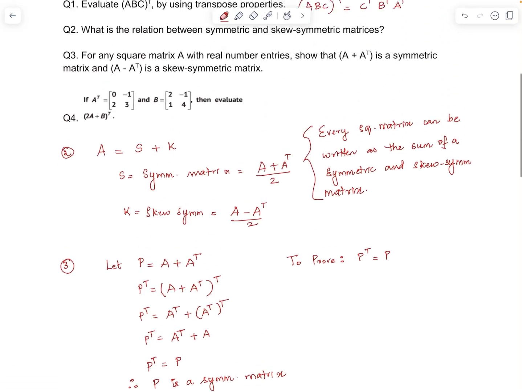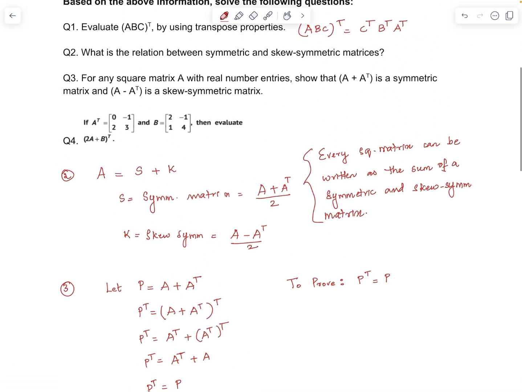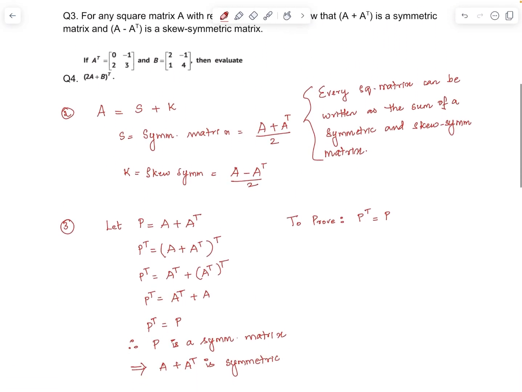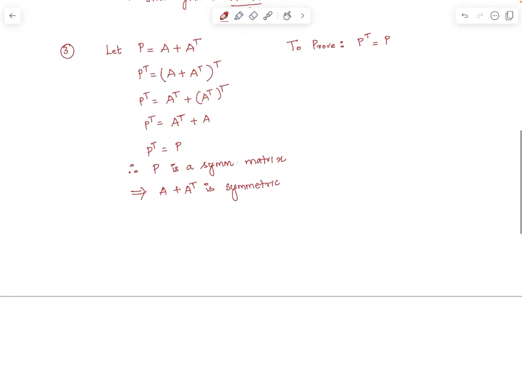Second part in the question is we have to prove that A minus A transpose is skew symmetric. Let us take Q as A minus A transpose.